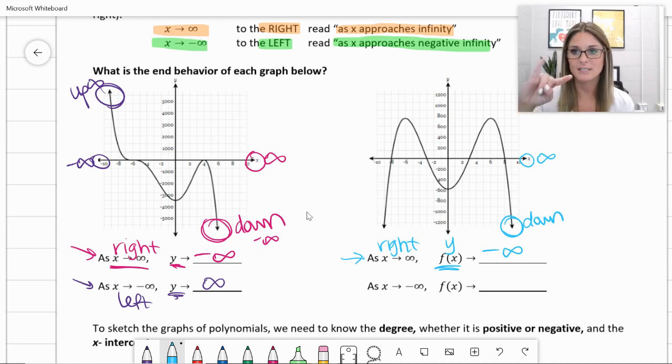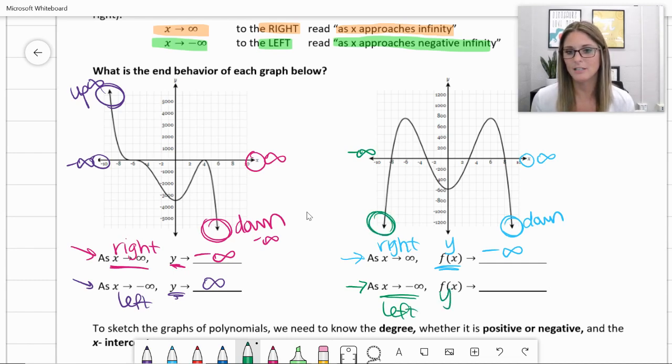Take these slow because sometimes Delta Math will switch the order. As we're looking at these statements, sometimes they switch the order of these. They might say as x approaches negative infinity first. So watch out for that. Make sure you're just reading these nice and slow. So in green down here, as x approaches negative infinity. So here we are going left. I'm going to look at my left arrow. My y values, that one's going down as well.